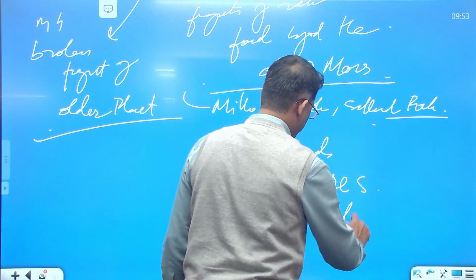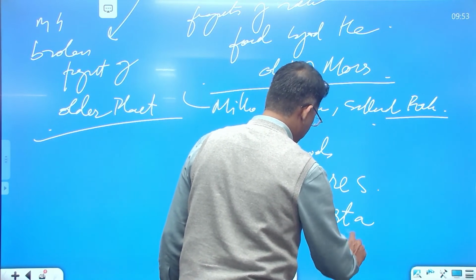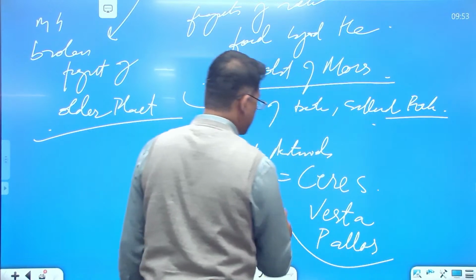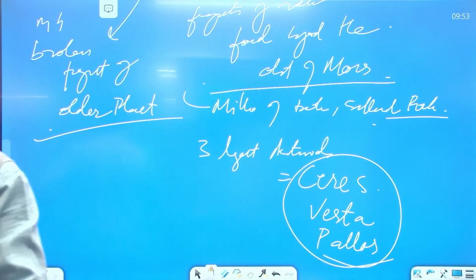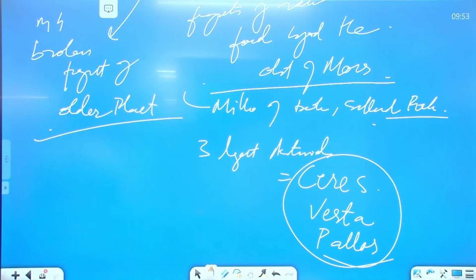Ceres, Vesta, and Pallas are the three largest, and they make up the bulk of the weight of the asteroids.